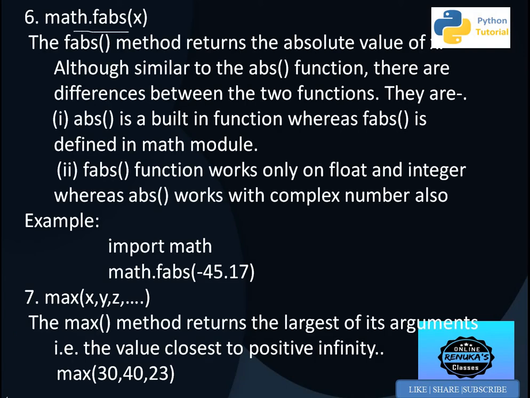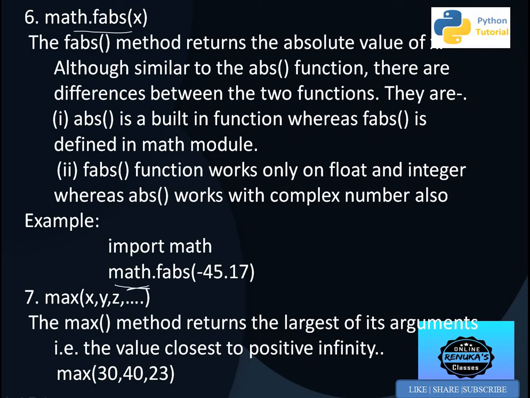This is a part of the math module. We discussed abs so that you can find the difference between fabs and abs. So fabs will again return the positive value of the given number, but it will return the result with the help of the math module.